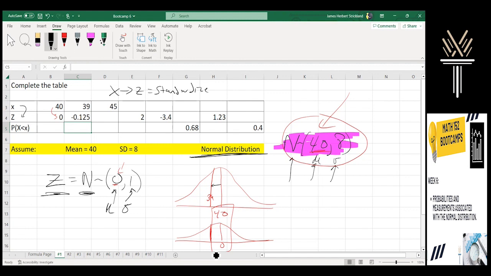It went down, so our value should be some number down. If we do 45, 45 is bigger than 40. So we would expect it to increase. It should be some bigger number that's equivalent. And so once again, standardize. Given 45, the mean was 40 and the deviation is 8. Close it, and there's my z-score.